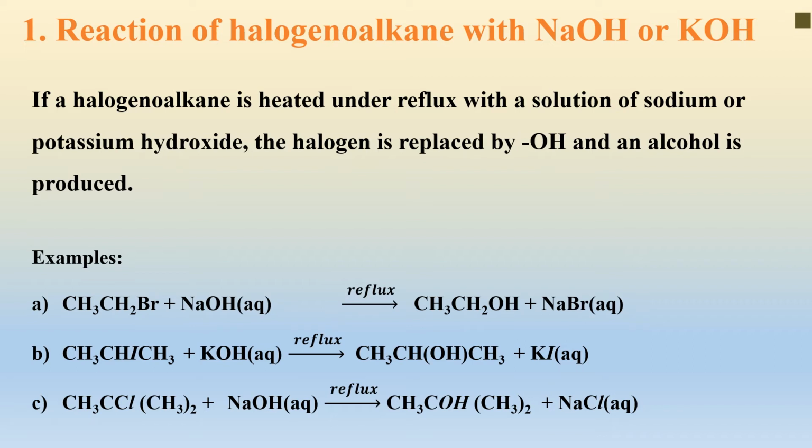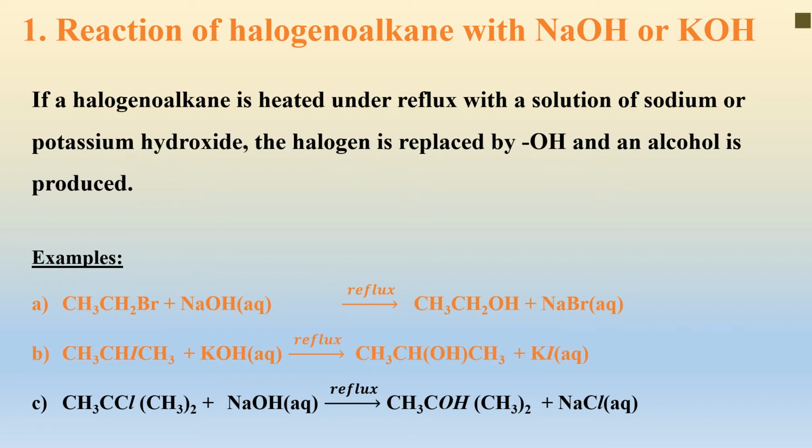Heating under reflux means heating with the condenser placed vertically in the flask to prevent loss of volatile substance from the mixture. Here we have examples. We have bromoethane, iodopropane, and chloromethylpropane, which all react with strong bases to produce alcohols.